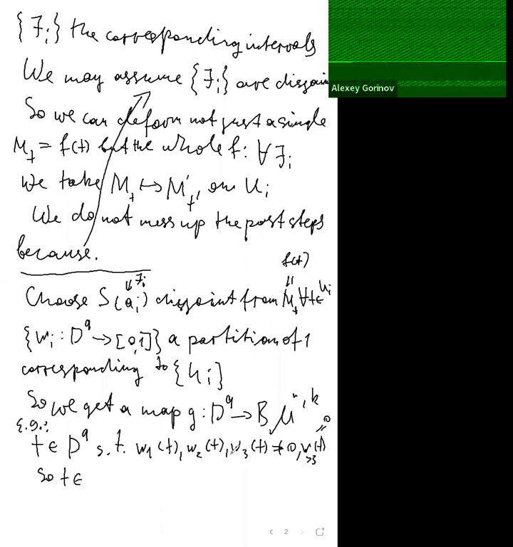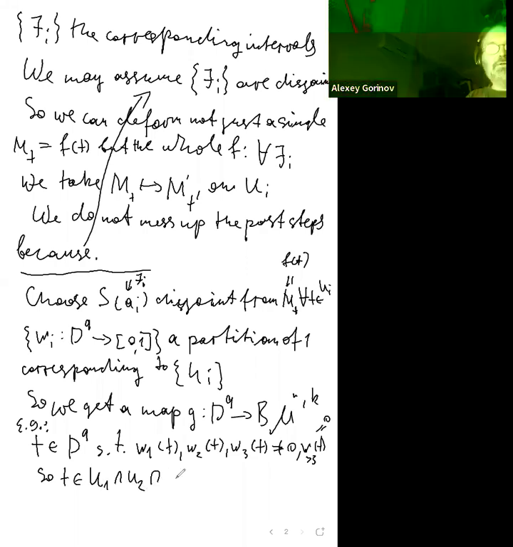If I have three of the W's non-zero, t belongs to what? To U1 intersected U2 intersected U3.